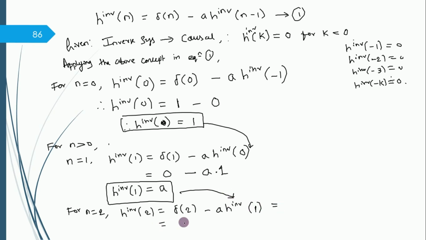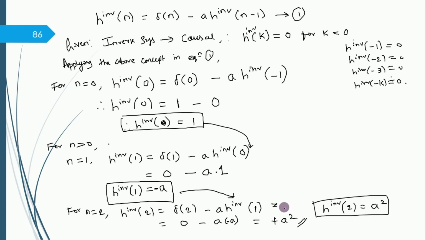If I substitute, it is 0 minus a into 1, which is minus a. So this minus a I have to substitute here. Minus into minus is plus, a square. So H inverse of 2 is a square.